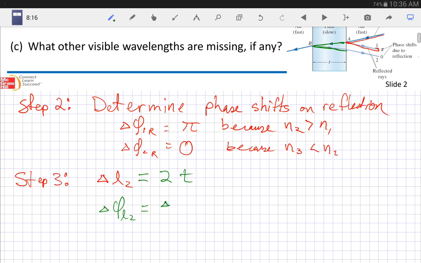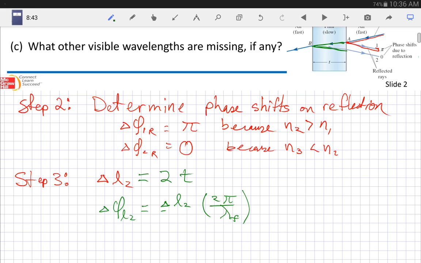I'm going to take the path length difference and multiply it by 2 pi for every wavelength that it covered, because we have 2 pi radians as the phase difference if they're out of position by 1 wavelength. Now notice I put wavelength sub f, the wavelength in the film.